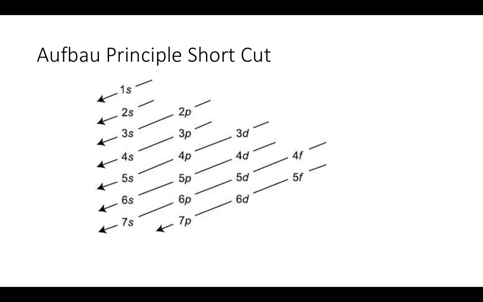So the top arrow goes through the 1s, 2 electrons go into the 1s. The next arrow goes through the 2s, which has 2 electrons. Then the next arrow goes through the 2p, then the 3s, then the 3p, then the 4s. Now this is our first exception, which is why I put it in red.